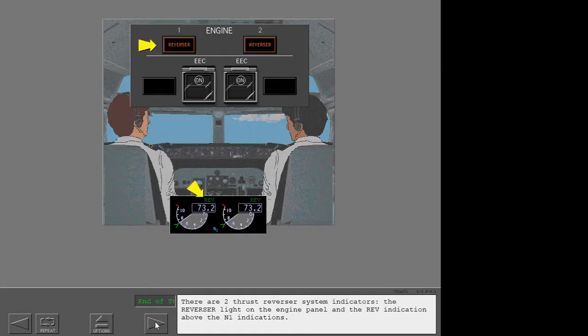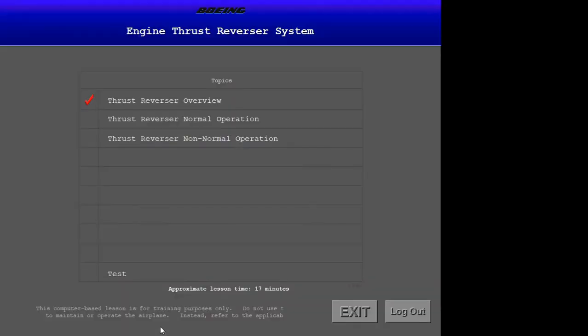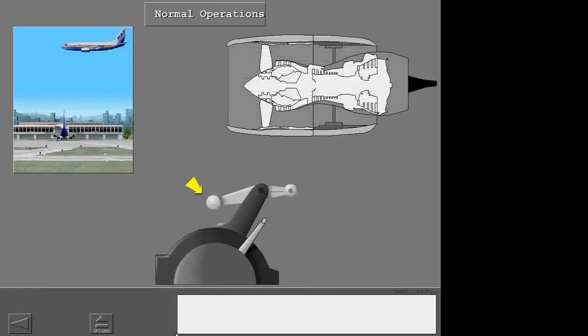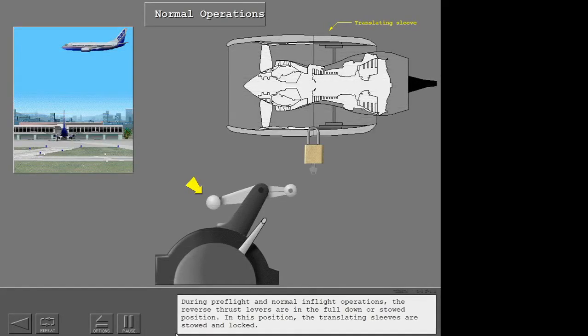There are 2 thrust reverser system indicators: the reverser light on the engine panel and the reverser indication above. During pre-flight and normal in-flight operations, the reverse thrust levers are in the full down or stowed position.